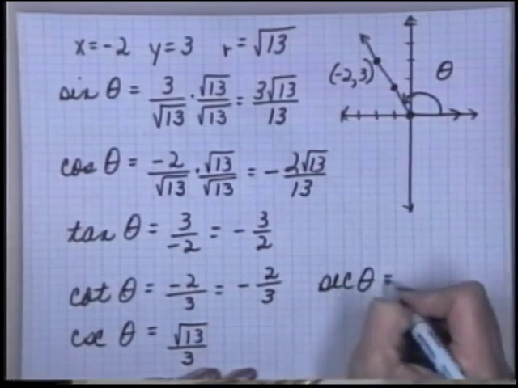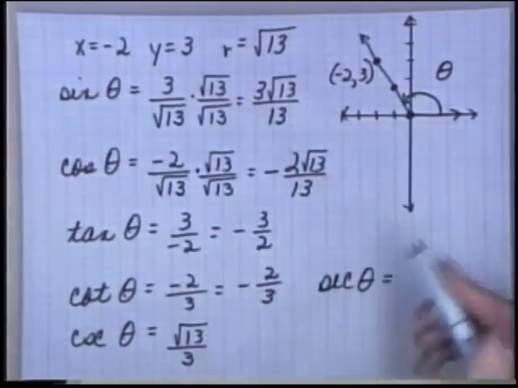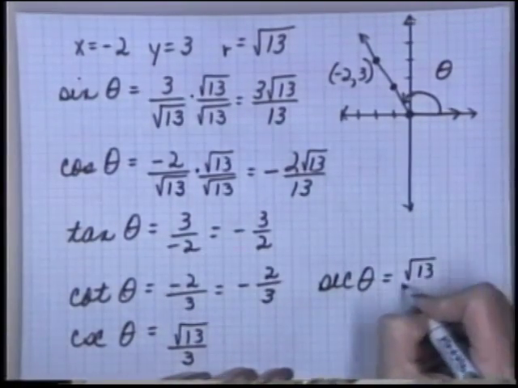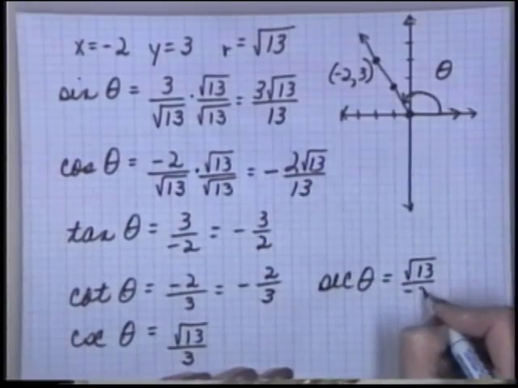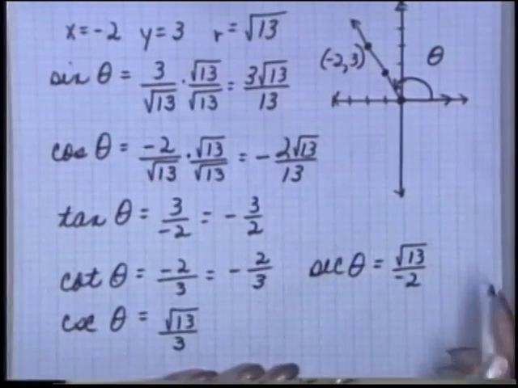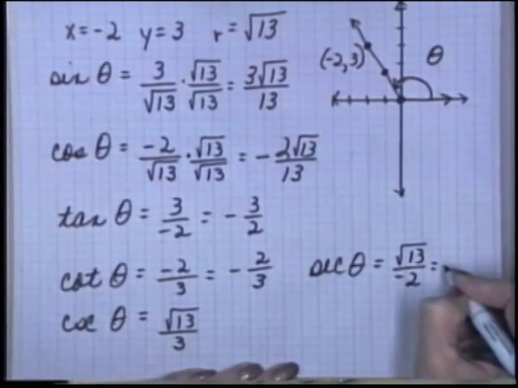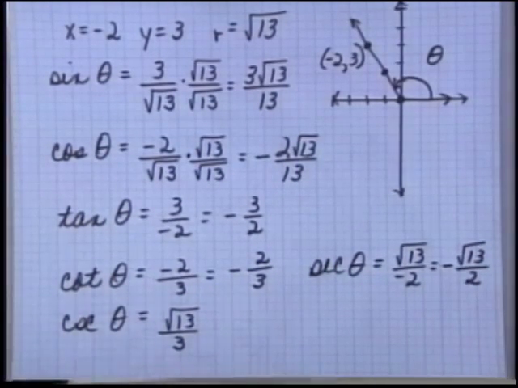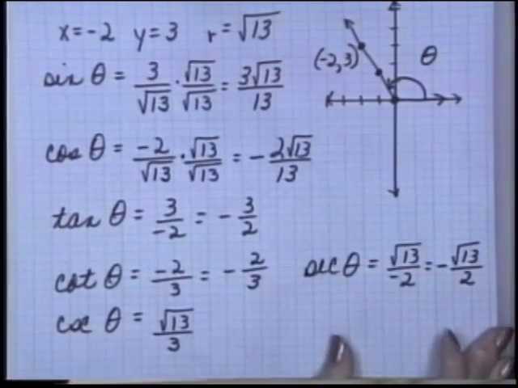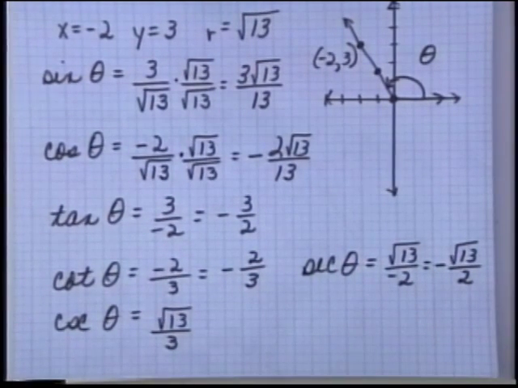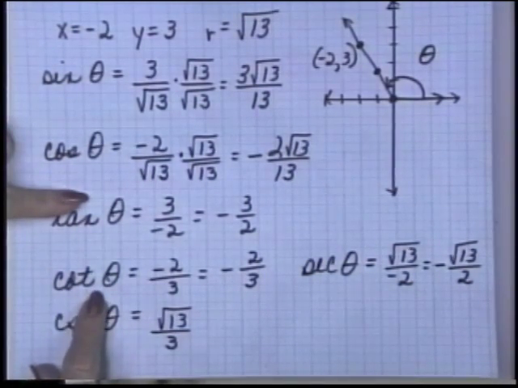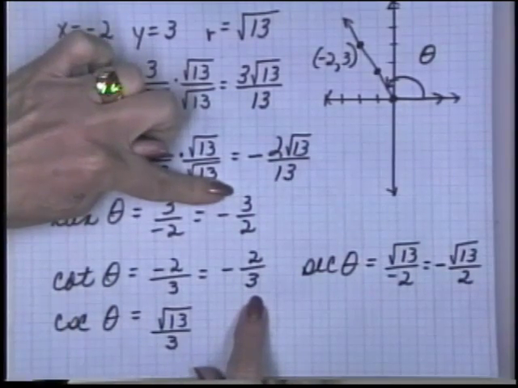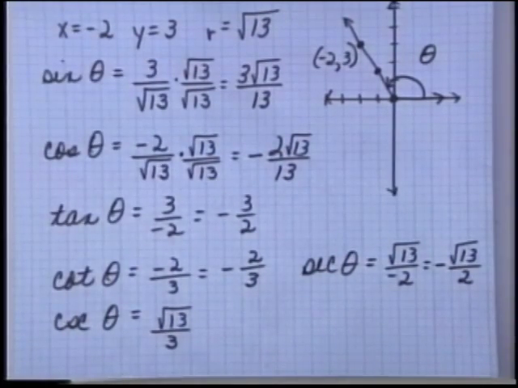And for my secant of theta, that's my r over my x. And we would not leave that negative in the denominator like that. We will bring it out front, and we'll write the square root of 13 over 2. So I believe you can see all 6 of those values. Once again, it's sort of hard to see the reciprocal relationships, except that you can see tangent theta and cotangent theta. Those are very obviously reciprocals.